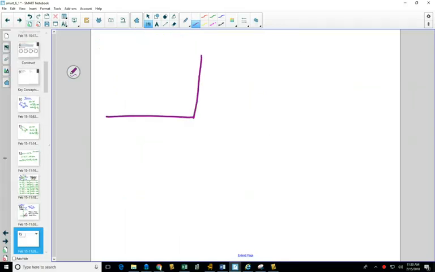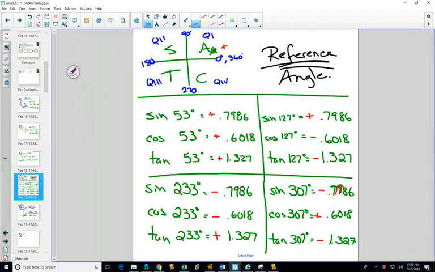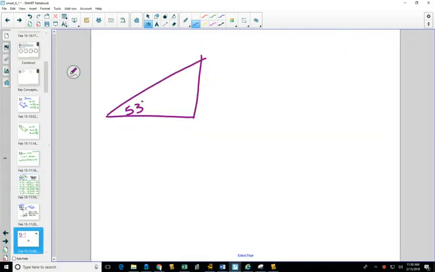So if I drew my 53 degrees here, and we figured out that sine of 53 degrees was 0.7986, so I could say that since sine of 53 degrees is equal to 0.7986, I could make this side 0.7986 and this side 1.